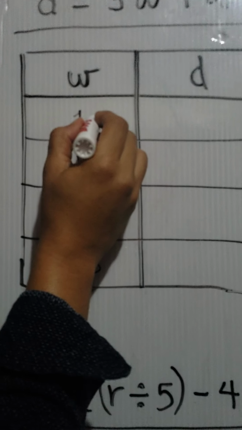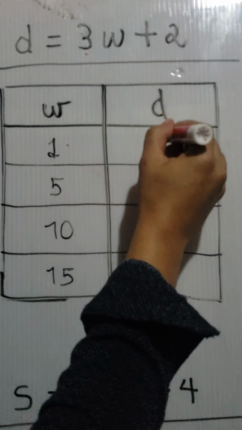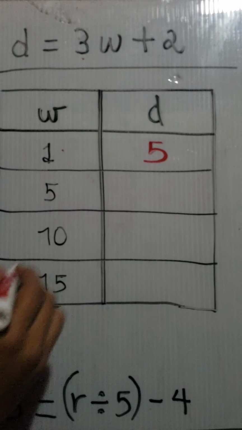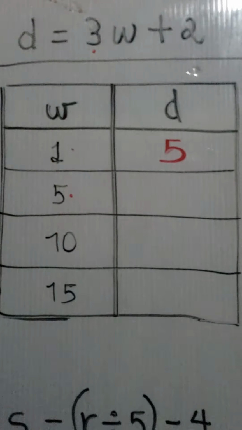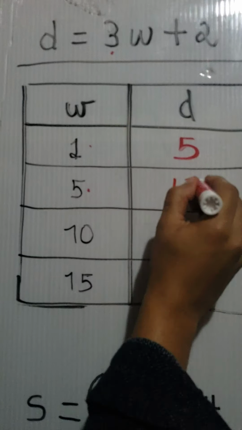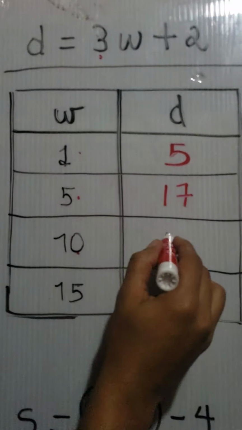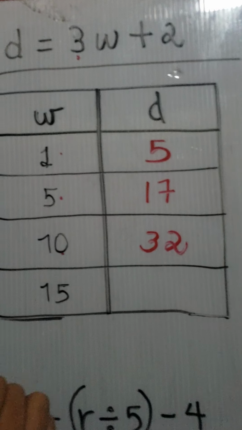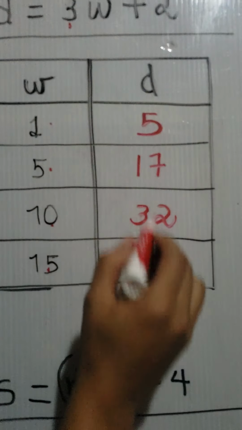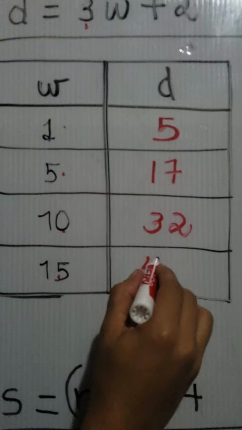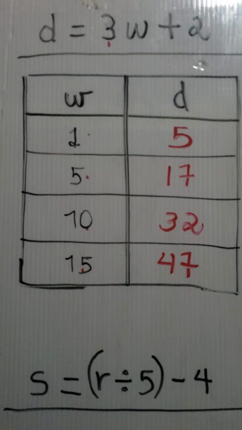This one, that is a W, times 3 is 3 plus 2, that would be 5. Now let's go to the number 5. 5 times 3, 15 plus 2, that would be 17. 10 times 3, 30 plus 2, that would be 32. 15 times 3, 45 plus 2, 47. And then we have the whole complete table.